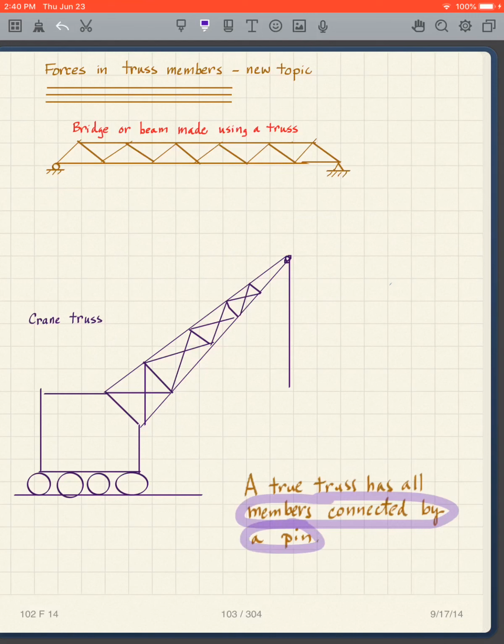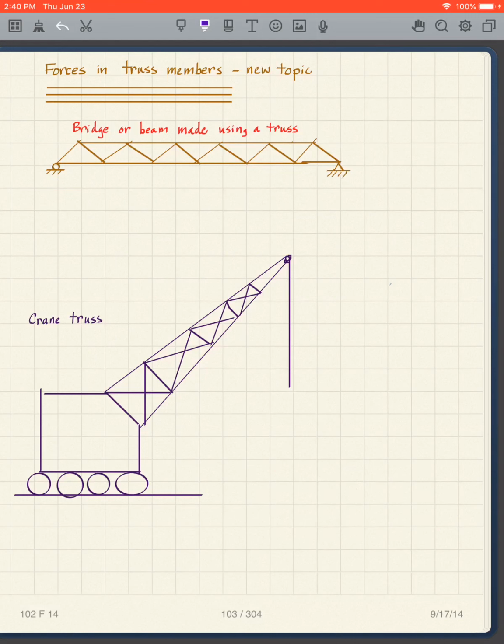So in other words, each node in the truss is a pin. All of these connections here are pin connections.